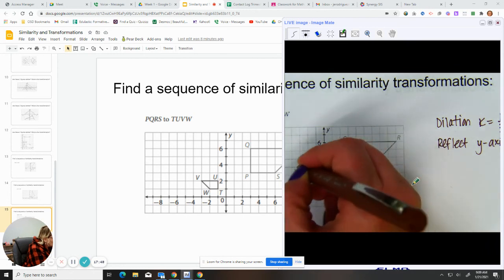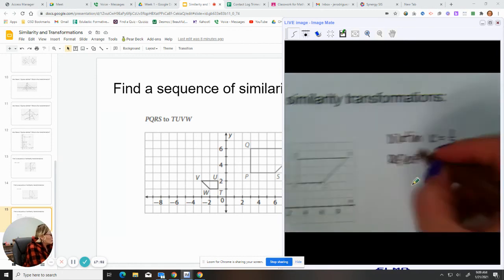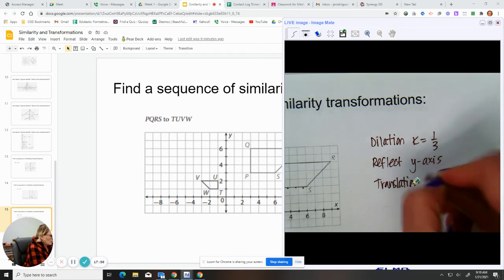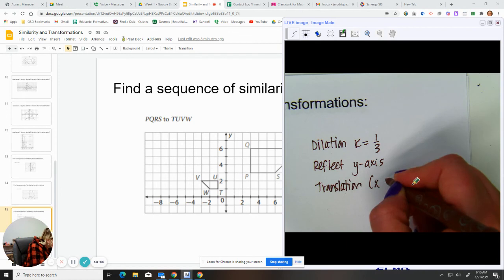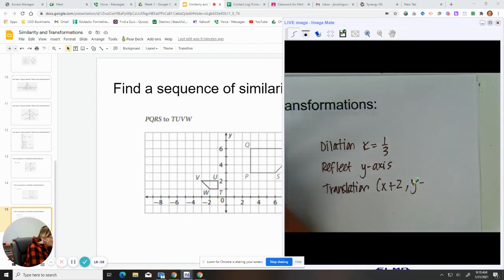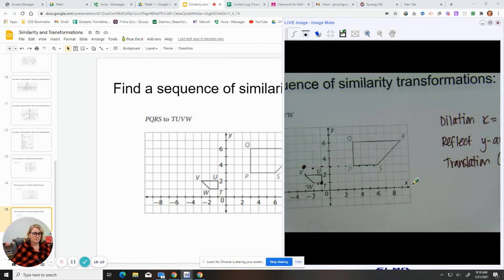And now we're moving from here to here. So we are translating X plus 1, 2 and Y minus 1, 2 to get to our new figure. Okay.